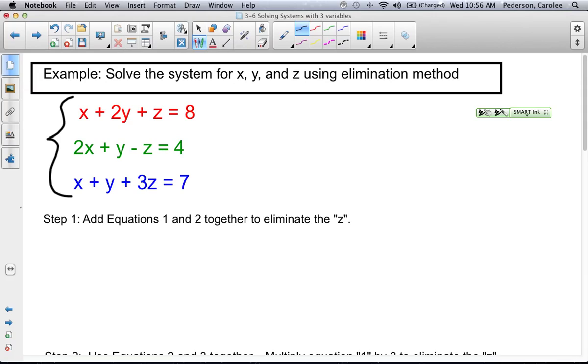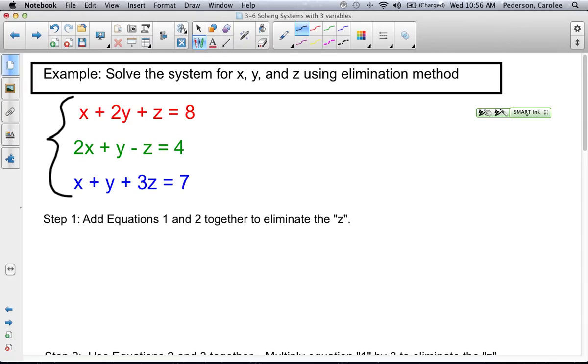So we have three new equations in our system: a red equation, a green equation, and a blue equation that make up our entire system for x, y, and z that we want to solve for. So I've laid out the steps again to help guide you.